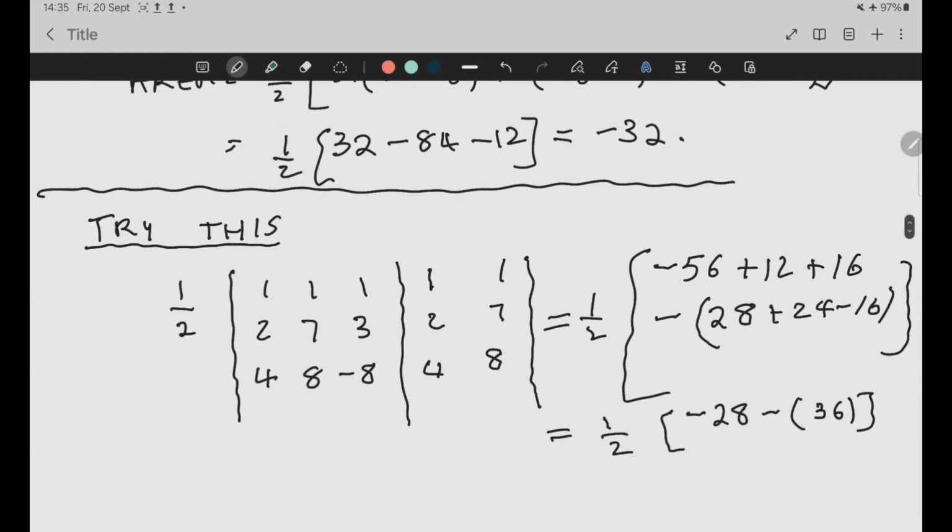And let's move on from there. So that will come to 1/2 times minus 6 minus 64, which comes to minus 32, exactly as before. Now, it's worth going through that again by yourselves and making up a few examples to try, because it's 100 times easier than having to remember that formula and going through it.